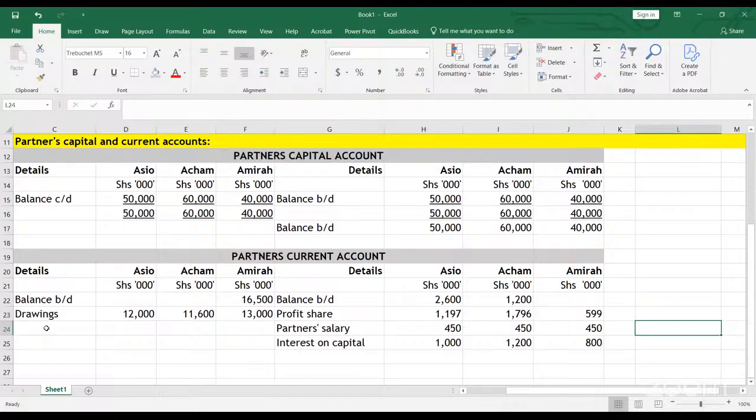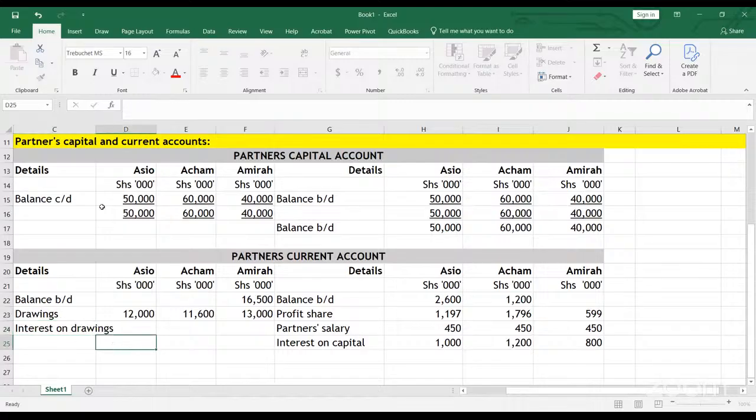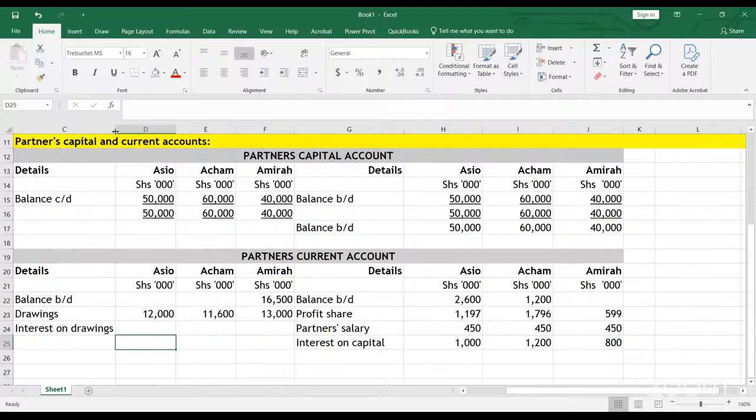Then we still have to debit this account with the interest on drawings. What rate do they charge on the interest on drawings? 15% per annum.